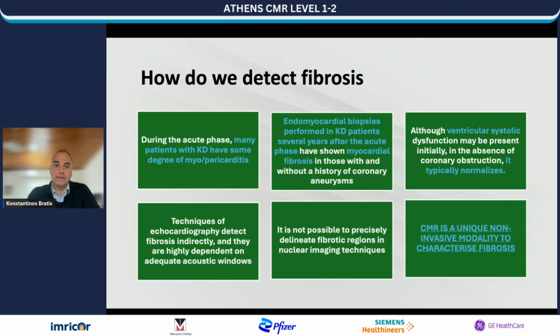We know from endomyocardial biopsy studies that patients with Kawasaki disease have some degree of myopericarditis in the acute phase, and that on the long term myocardial fibrosis is detected. But ventricular systolic function in the majority of the cases is normalized if it is affected at the acute event.